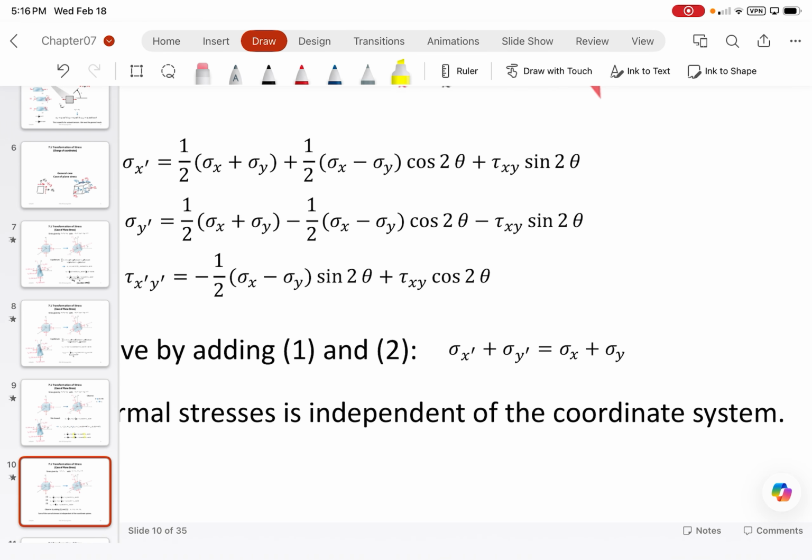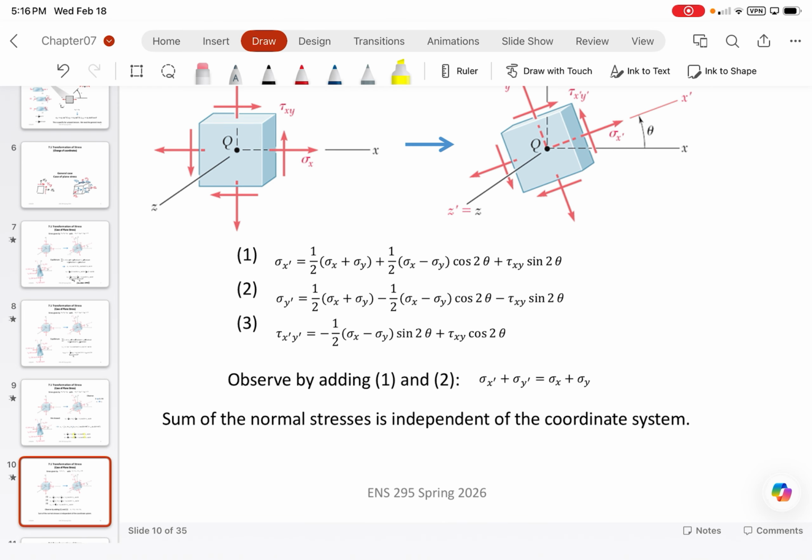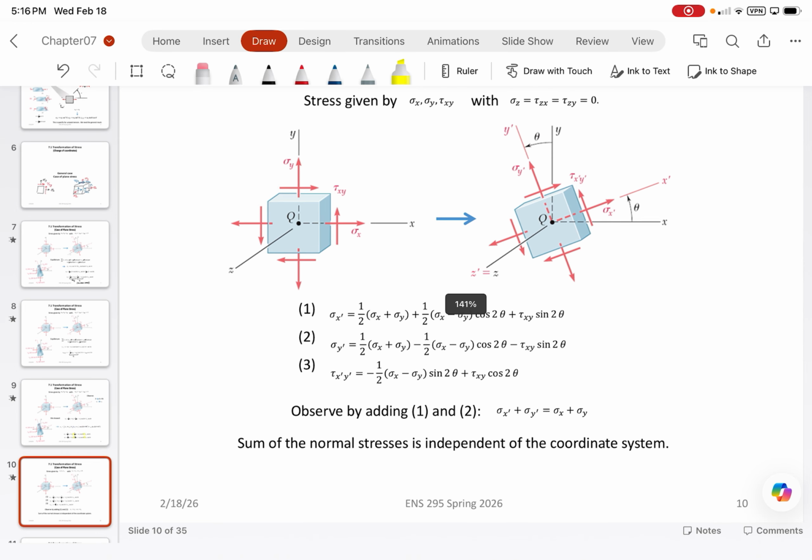You can check if your equations are right by checking that the summation of the normal transformed stresses should always equal the summation of the normal stresses. So sigma x prime plus sigma y prime is equal to sigma x plus sigma y. That's always a good check to perform. So the normal stresses are independent of the coordinate system, the summation thereof.